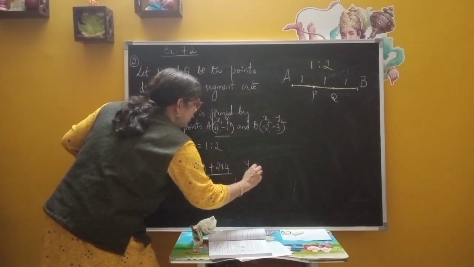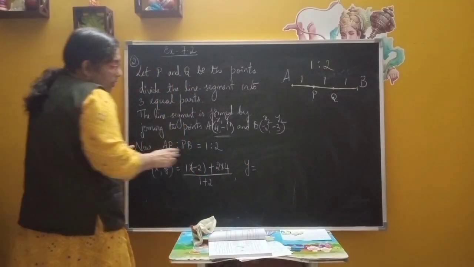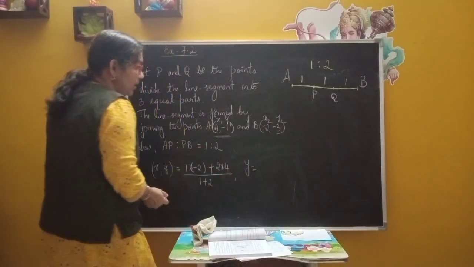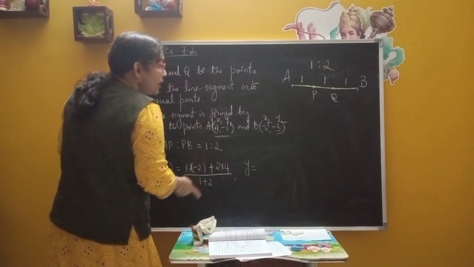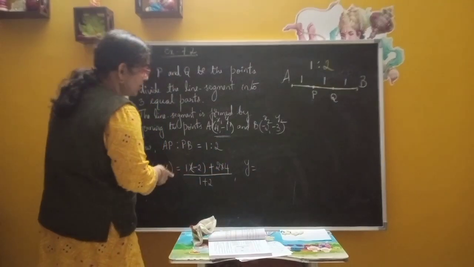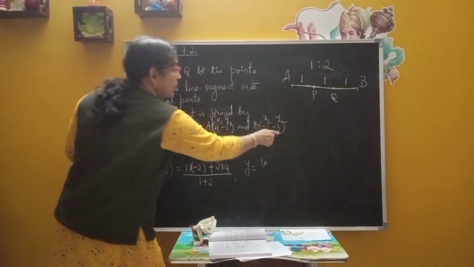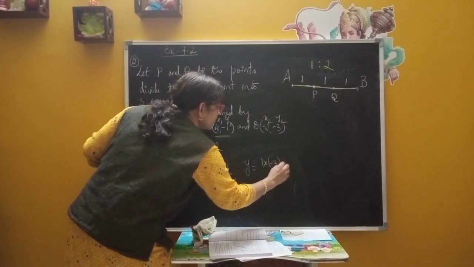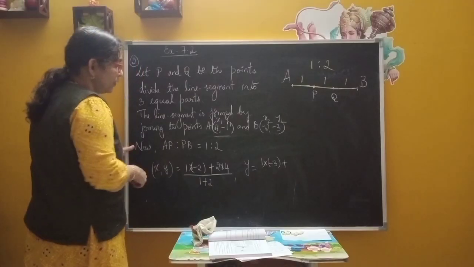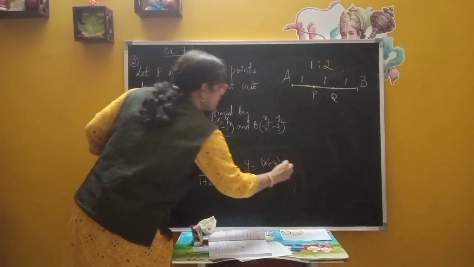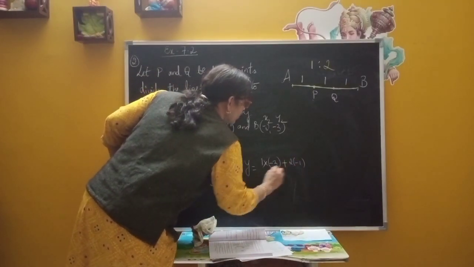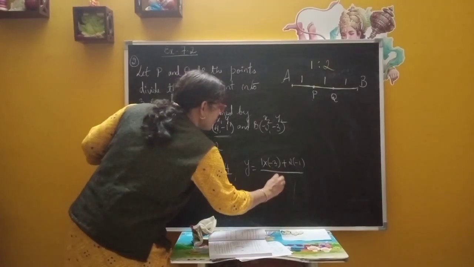And the y coordinate of point P is M1 y2, M1 here 1 into y2 which is -3, plus M2 y1, 2 into -1, divided by 1 plus 2.